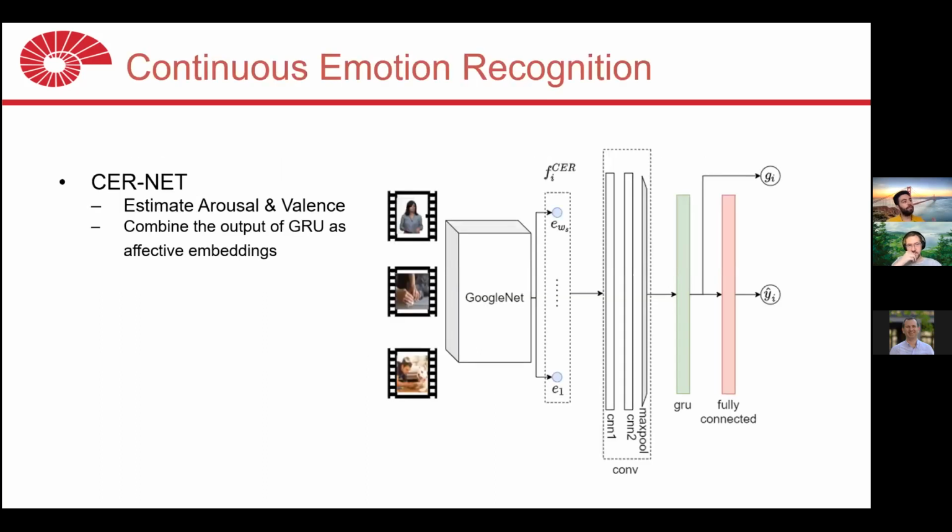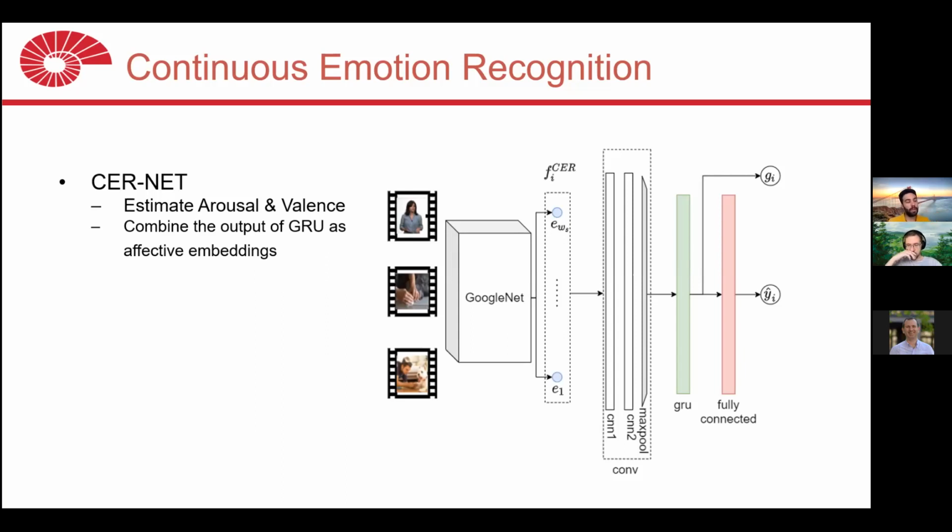So by considering how we play with the input, we create a window of frames representing the time of interest, and each of these frames is passed through GoogleNet, which is trained for image classification.